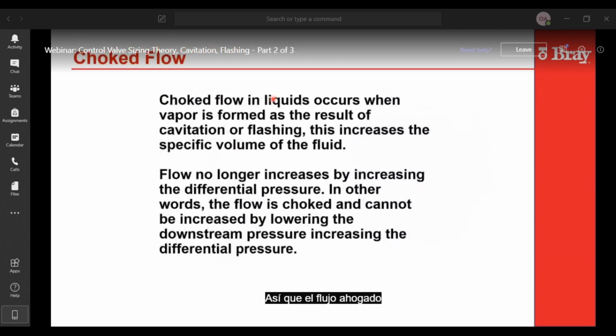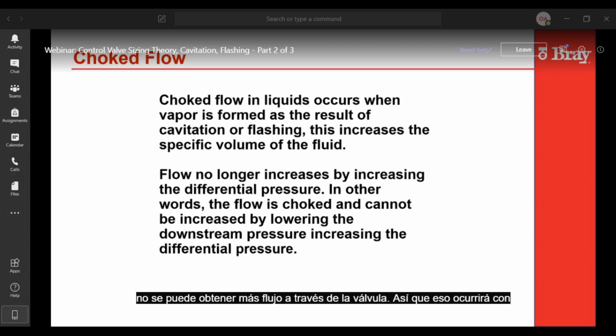So choke flow, we were discussing earlier. The choke flow term means that the gas phase of the liquid has consumed the volume in the trim to where you can't get any more flow through the valve. So that'll occur with flashing or cavitation.